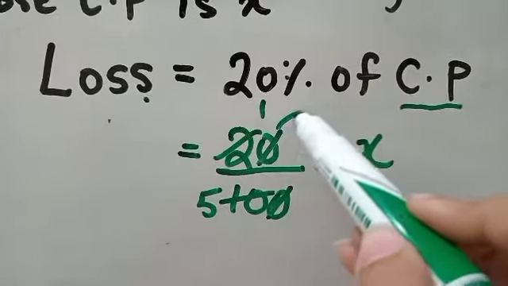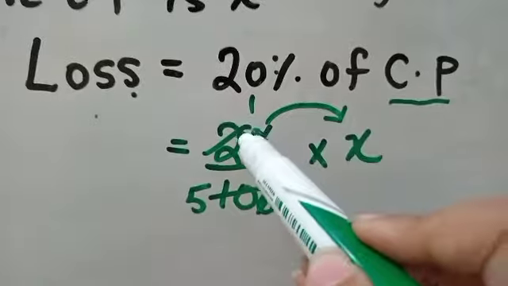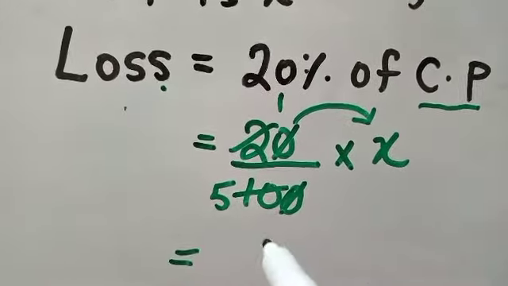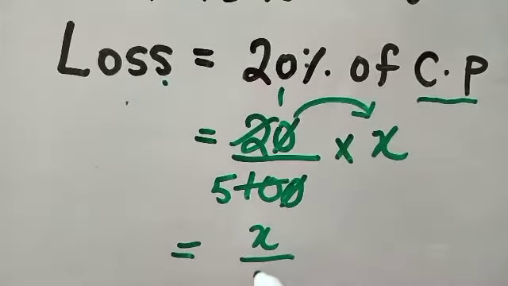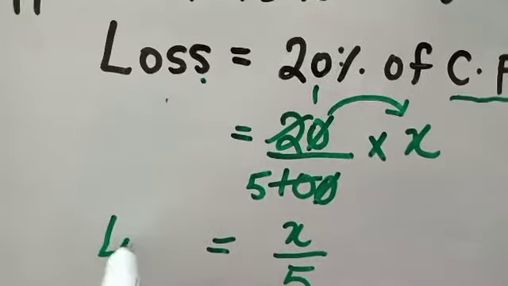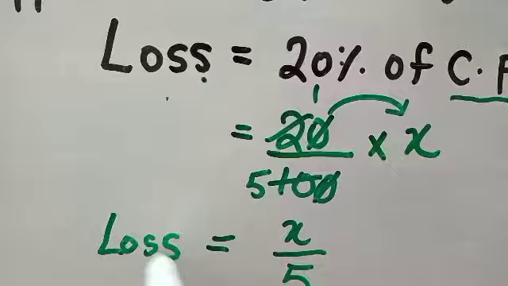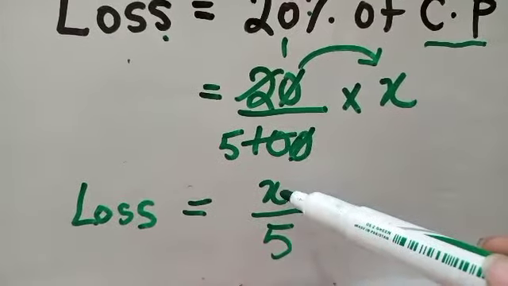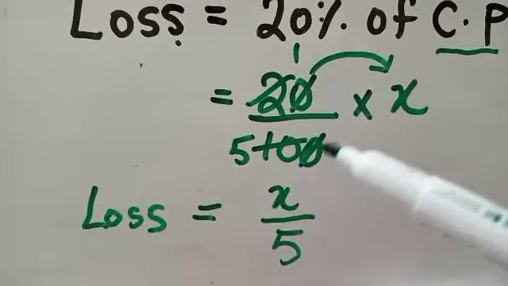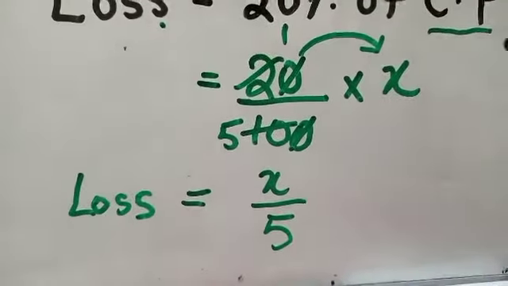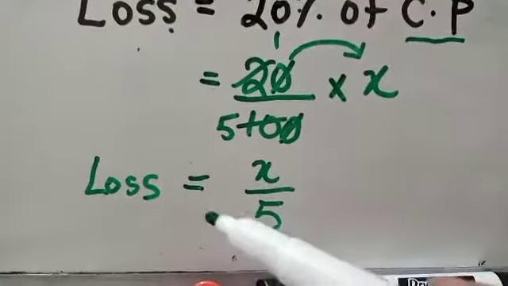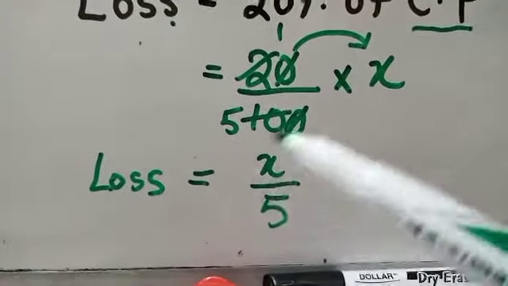Now this 1 is multiplying with this X because numerator multiplies with numerator. So loss is X upon 5. It means I got my loss amount, which is X upon 5. X is here cost price, but I do not know what the cost price is yet. Later when I solve by this formula, I will come to know what the loss is.